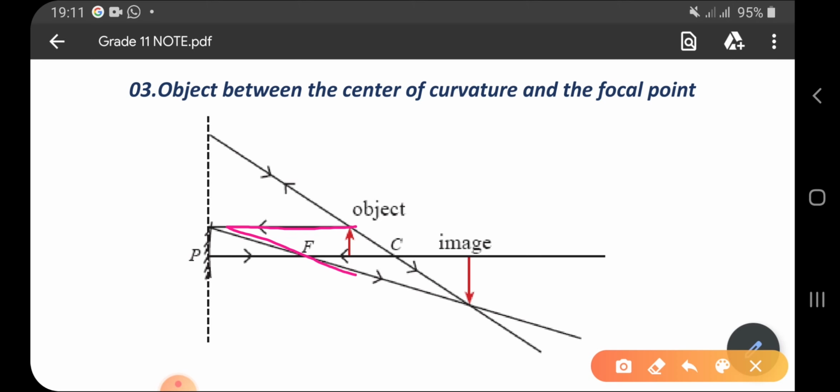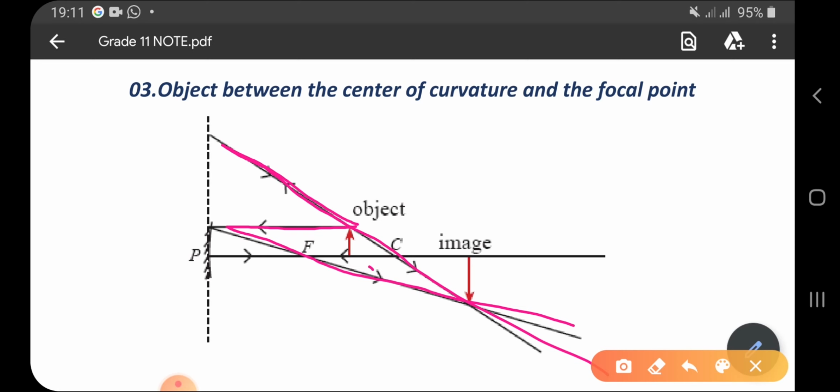Light rays which are moving parallel to the principal axis will move through the focal point, and the light rays which are seen to be coming from the center of curvature will move along through the center of the curvature, so that these two light rays will meet at a point, and this point will be the tip of the image formed.